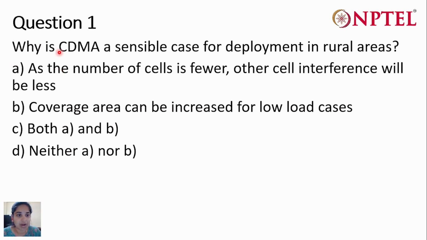Question 1. Why is CDMA a sensible case for deployment in rural areas? Options: as the number of cells is fewer, other cell interference will be less. Coverage area can be increased for lower load cases.